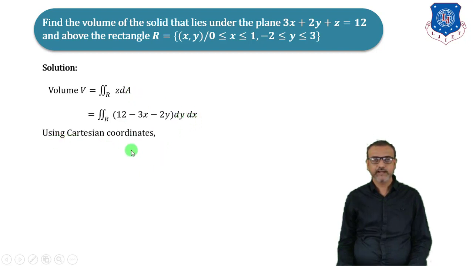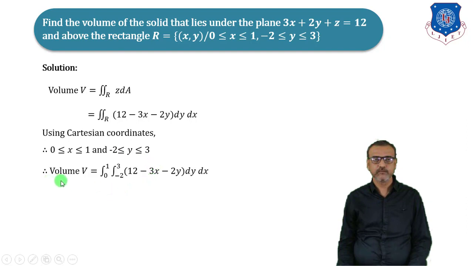Now using Cartesian coordinates which are given to us, 0 less than or equal to x less than or equal to 1, and minus 2 less than or equal to y less than or equal to 3. So the limit of x is from 0 to 1 and the limit of y is from minus 2 to 3. Therefore volume V equals the integration from 0 to 1, integration from minus 2 to 3, of 12 minus 3x minus 2y dy dx.